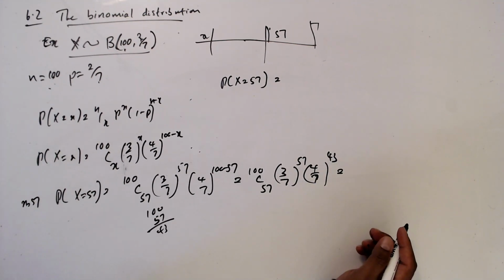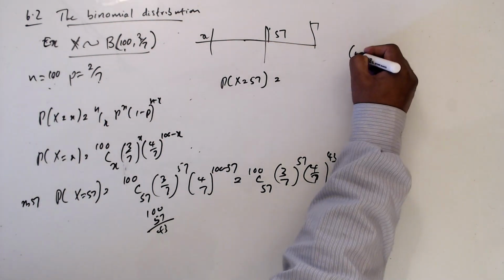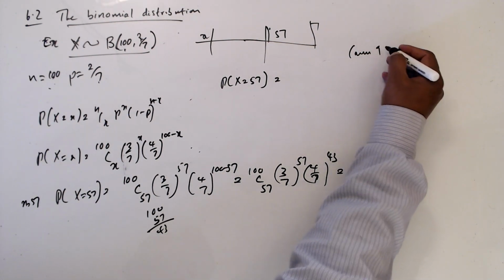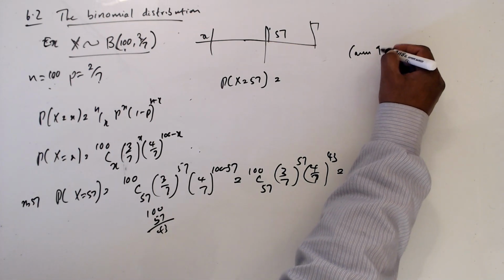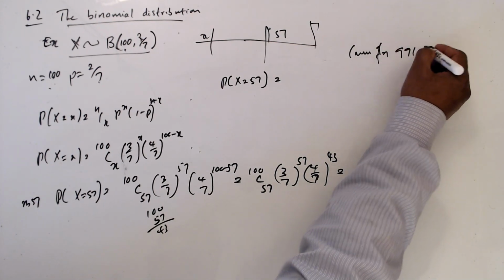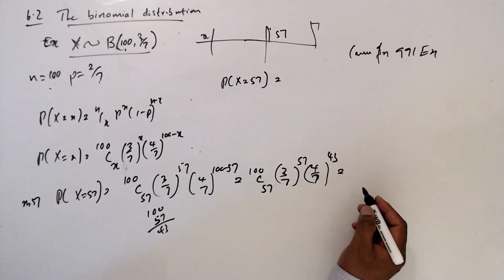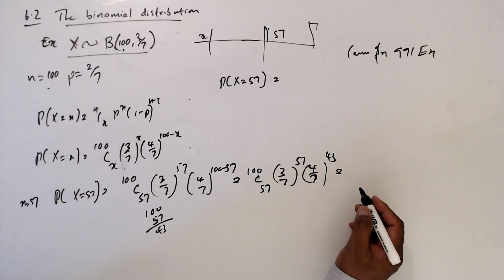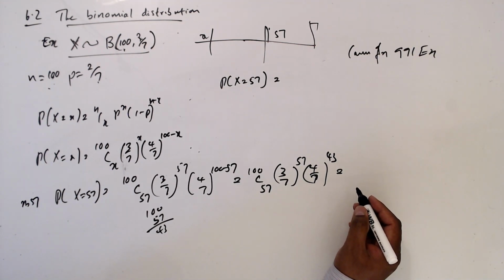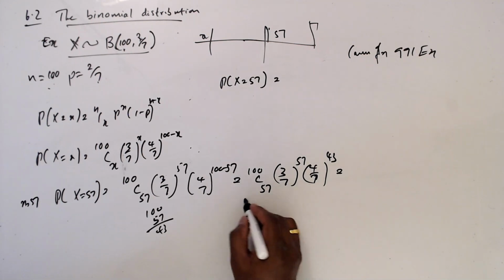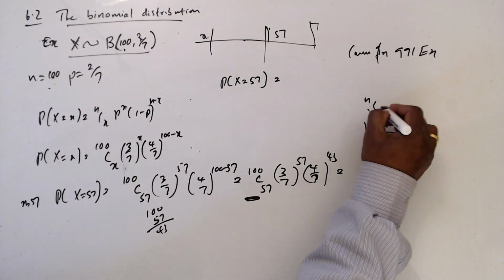You can find it from the calculator. I am using the Casio FX-991EX. You can see the nCr symbol with the division on top of it.